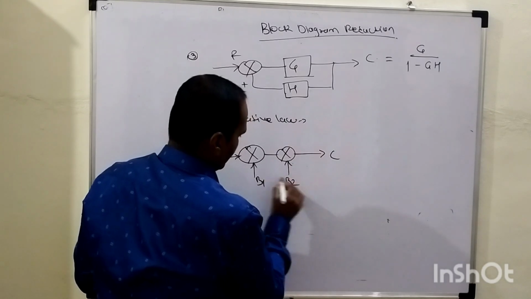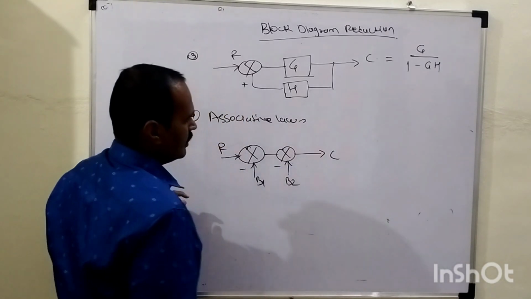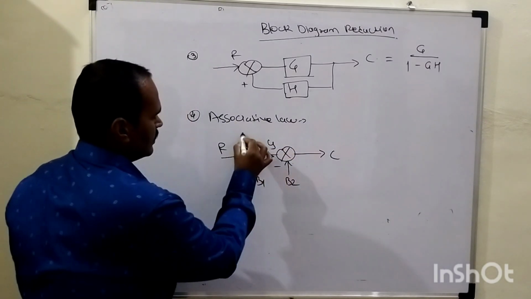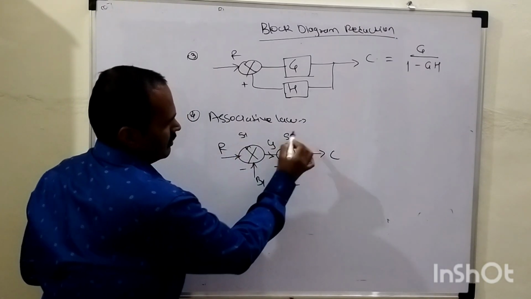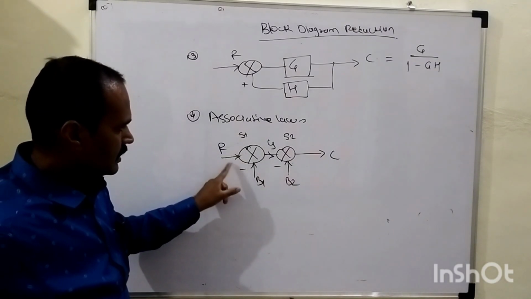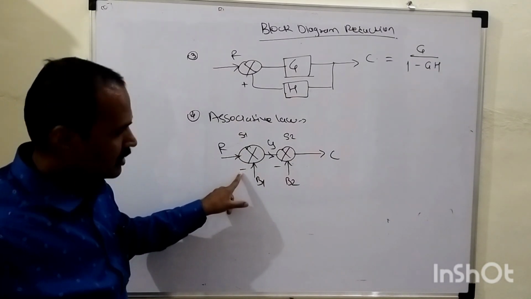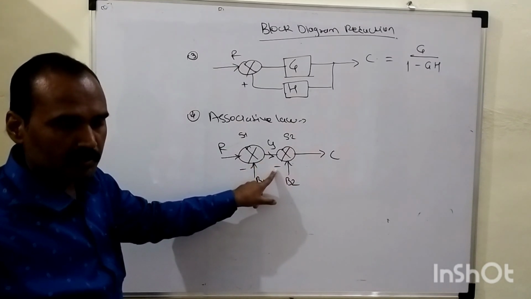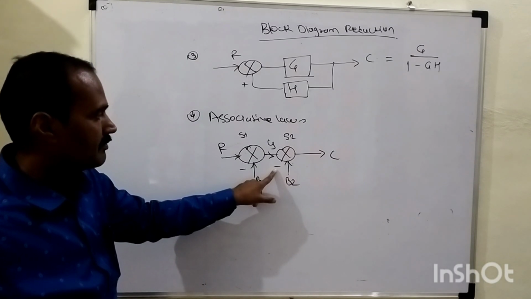So to learn this reduction rule, let us consider the scenario in which, as you can see, we have two summing points. This will be S1 and this will be S2, right? Summing points means these two signals are being subtracted from each other. Again, these two signals are being subtracted from each other. It operates upon whatever kind of mathematical sign we have, right?